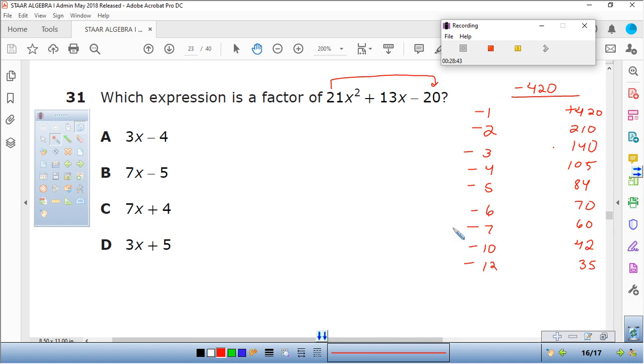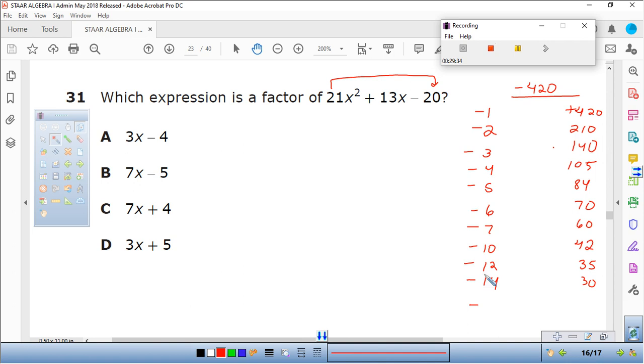No. 420 divided by 14. Okay, 14 and 30. Are those two? No? Nope. Okay, let's continue trucking.